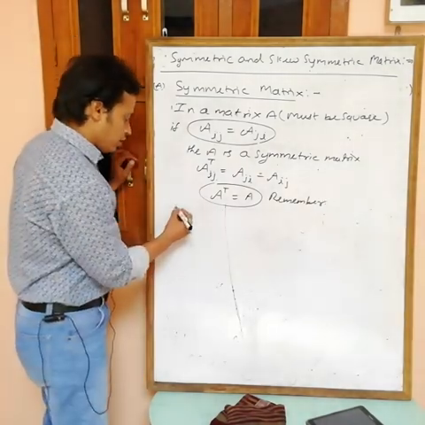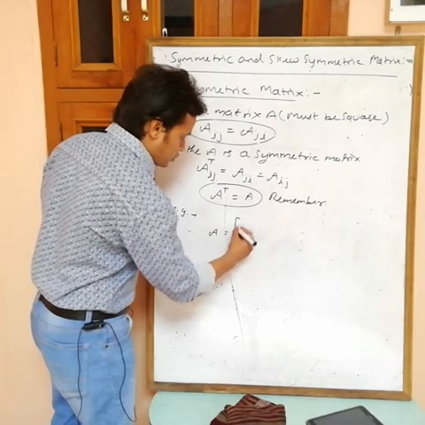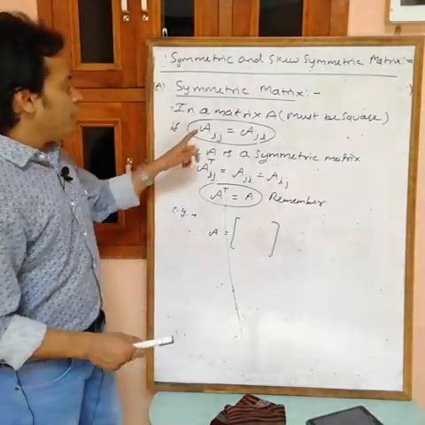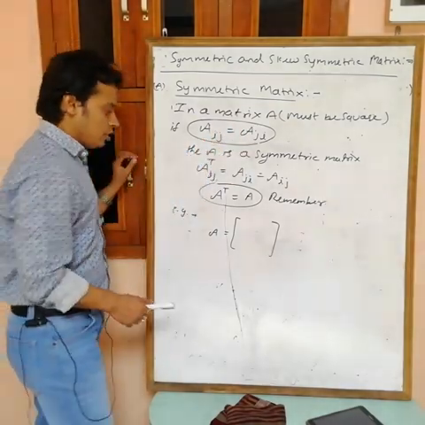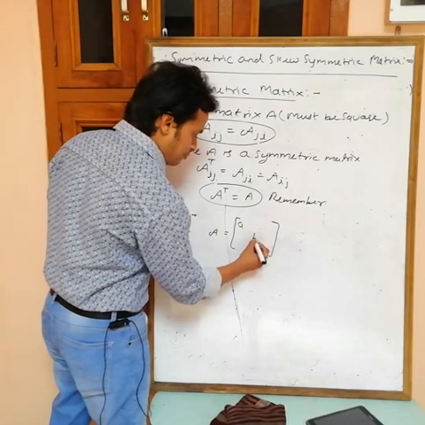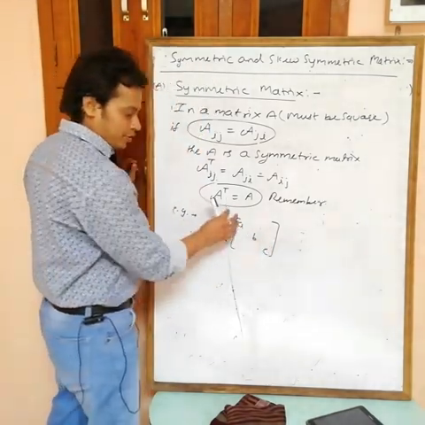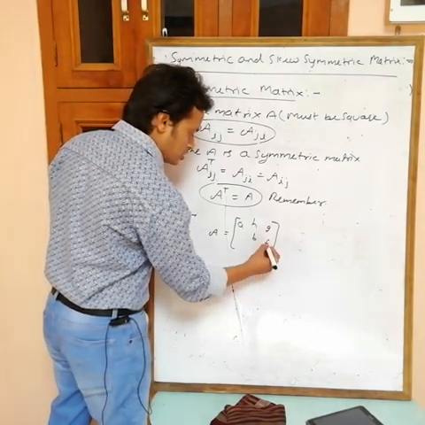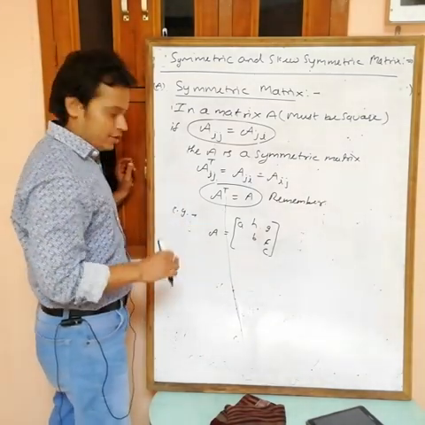Okay, and if you want an example, then see, any square matrix is said to be symmetric if the ijth element is equal to the jith element. So A, B, C, you can put any element on the diagonal. F, G, H. Now the ijth element is equal to the jith.